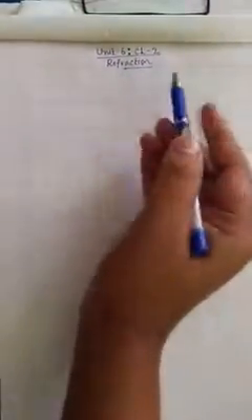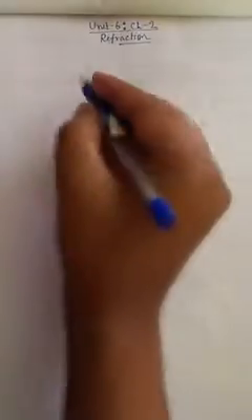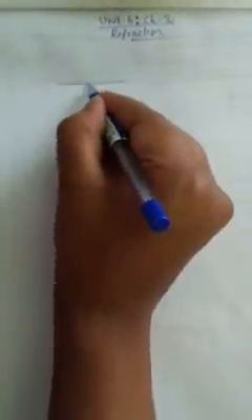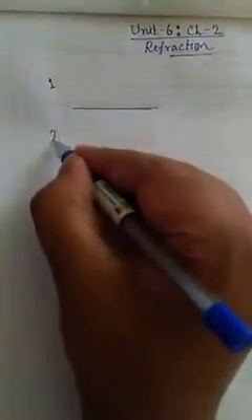First of all, refraction in Bengali we shall call it protisharon. So what is this refraction actually? Let's say this is a medium. Here this is medium 1 and this is medium 2.